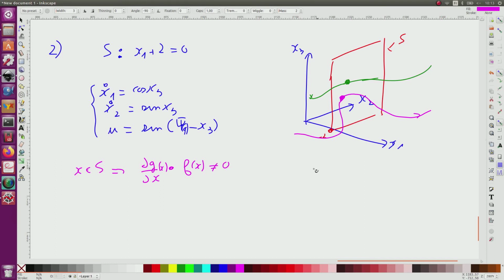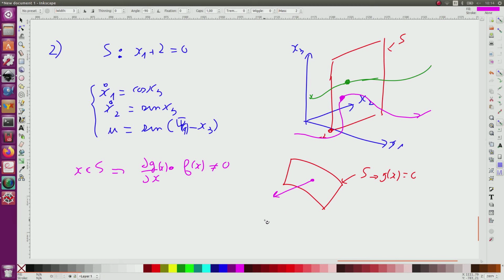So what does this mean? It means that if I have a surface like this one, so this is a surface. This surface has a gradient because it is defined by g of x equals 0. So here I have a gradient I call like this, for instance.